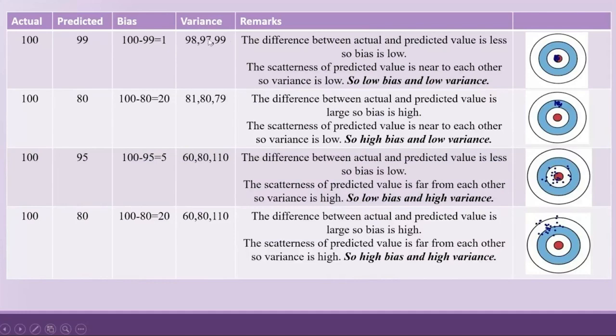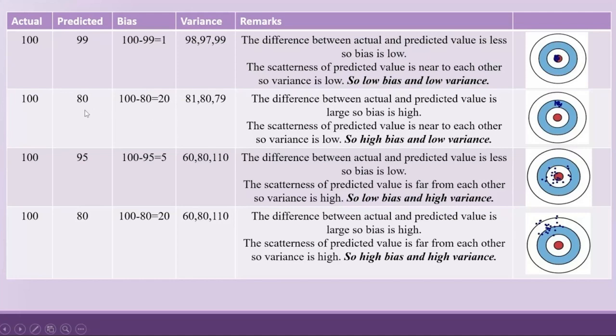We are very near to each other. So the difference between actual and predicted value is less, so bias is low. The scatteredness of predicted values is near to each other, and therefore variance is low, and therefore the first diagram, low bias, low variance.